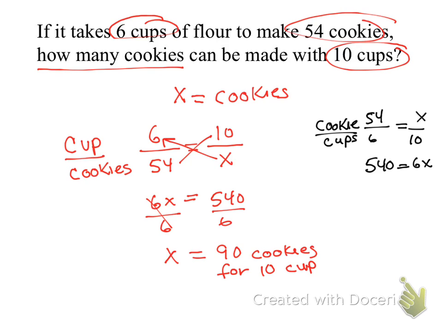Again, with a proportion word problem, they set you up with 1, 2, 3 quantities, and they make you look for the fourth. That's your tell-all to set it up like a proportion. Yes, I understand. No, I don't. Okay, question.